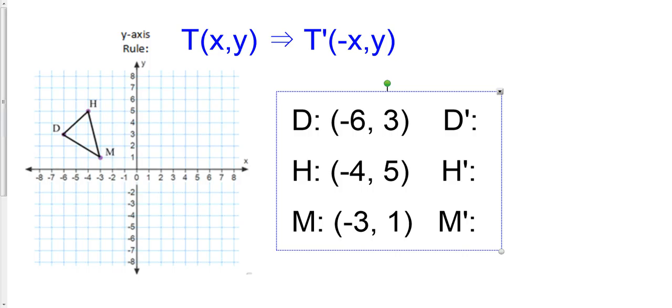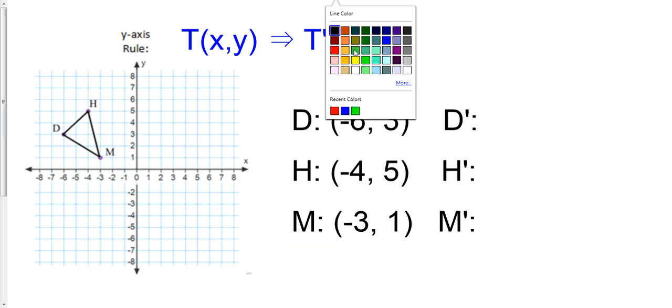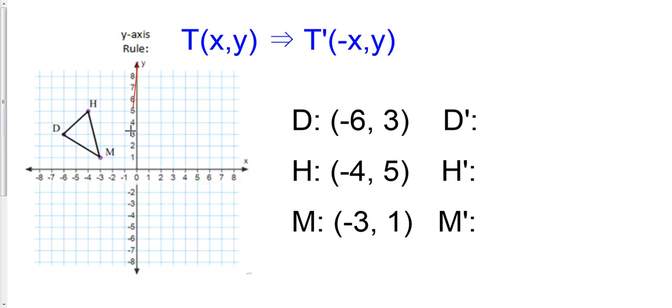If we're reflecting over the y-axis, that's going to be the other one, the vertical axis here. If you want to reflect over that, the rule is going to be take your (x, y)'s from before, and now your x is going to be negative, your y stays the same. So first we're going to try it out with M. It is 1, 2, 3 spaces away, so we go 1, 2, 3, the exact opposite direction, and this would find M prime.